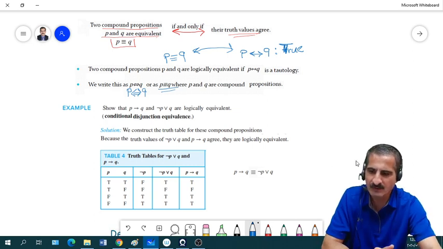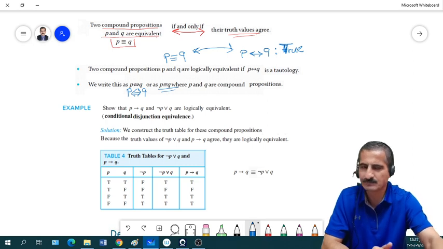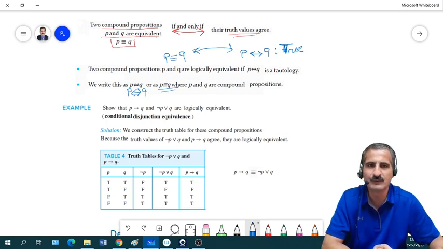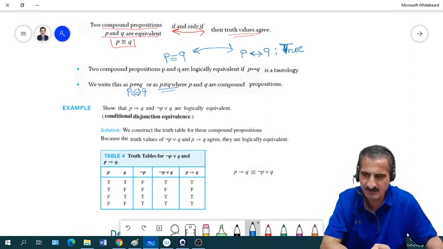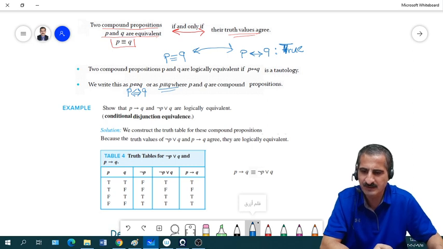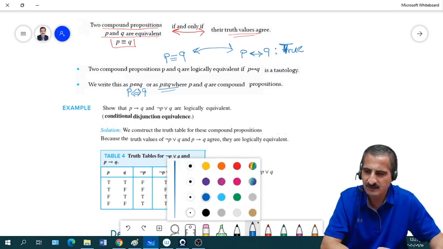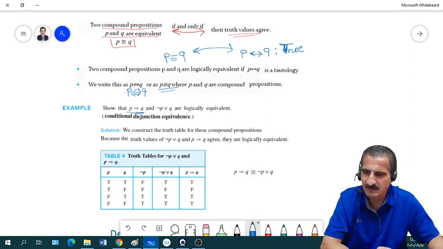Now, how do we decide whether two given compound propositions are logically equivalent or not? In this example, we will show that if P then Q is equivalent to not P or Q. To do so, in the truth table we have P and Q. What do we need to compute this?